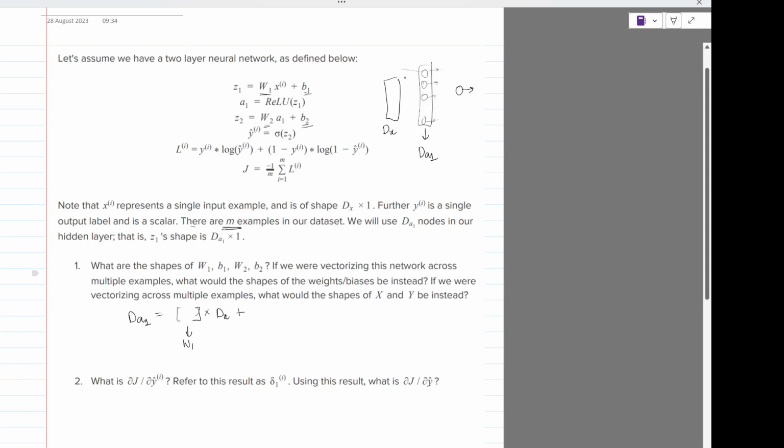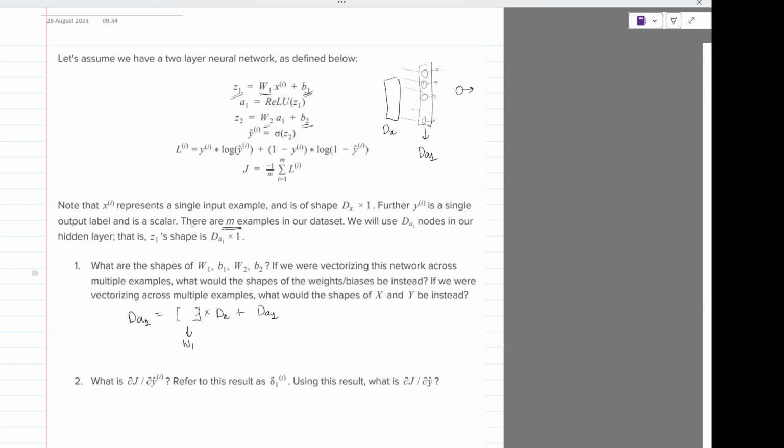That will also be a dA1 dimensional vector, because that bias weight is for each of these nodes. So the dimensions of this and this should match, z1 and b1, and z1 is just the pre-activation of each of these a1.